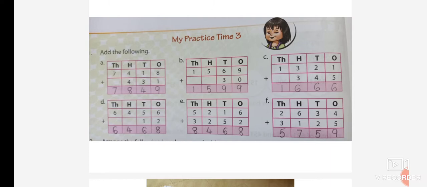So 7 plus 0 is 7. So the answer is 7,849. The B sum is for homework.